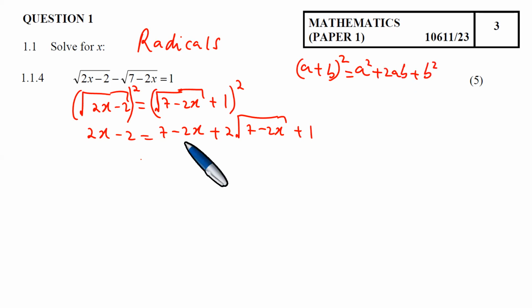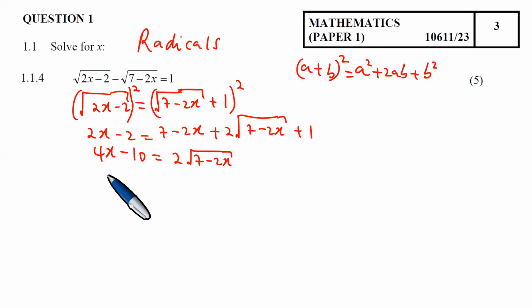So this is what you get. At the end, you move this one to the other side, so it becomes 4x. Then you add everything here: 7 plus 1 is 8. You move it across, it becomes minus 10. And this is equal to 2 times the square root of 7 minus 2x.